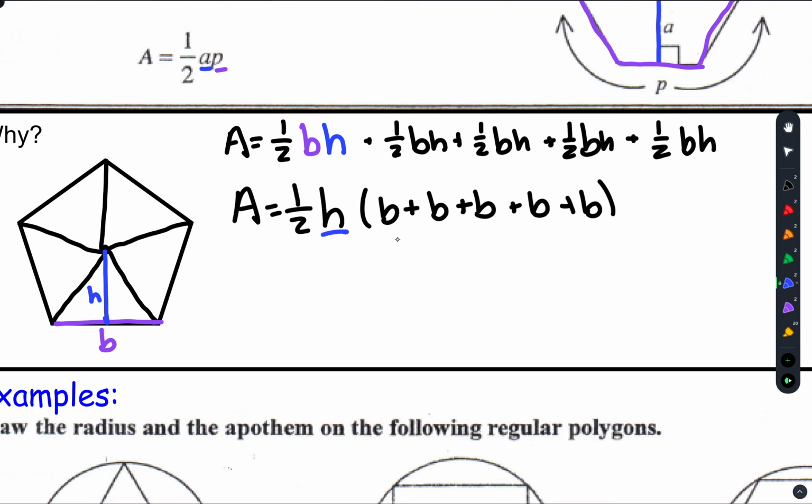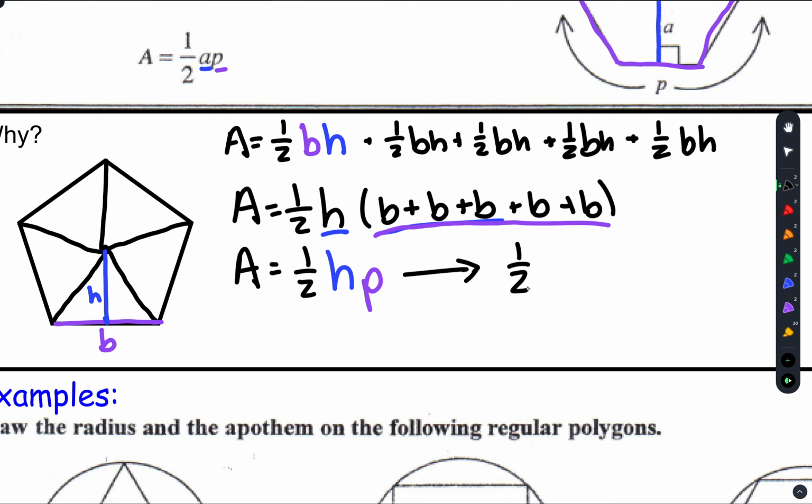Here's my height. Here's all my bases. And now if I think about base plus base plus base plus base plus base, that's the same thing as saying perimeter. So this is 1/2 height times perimeter. And then we just use that fancy word for height. We change that to 1/2 apothem times perimeter. That's where that formula is coming from.